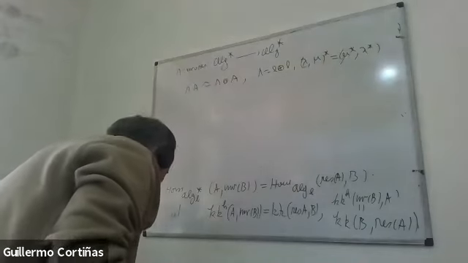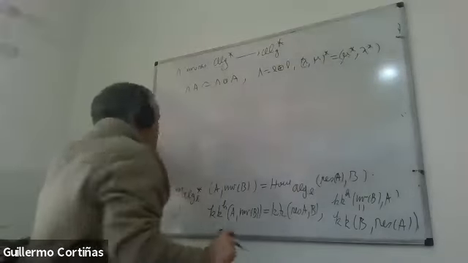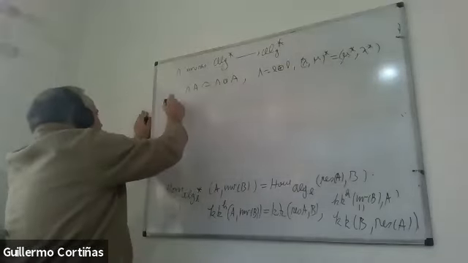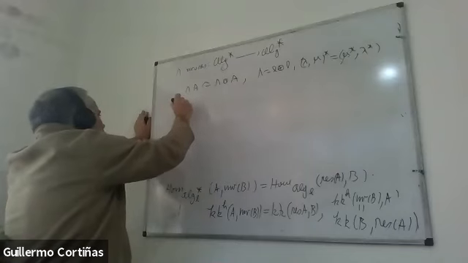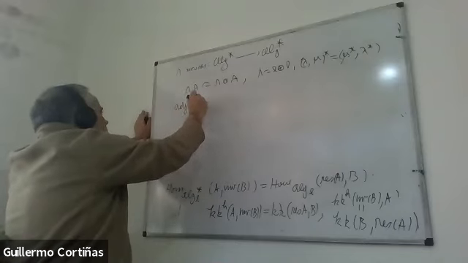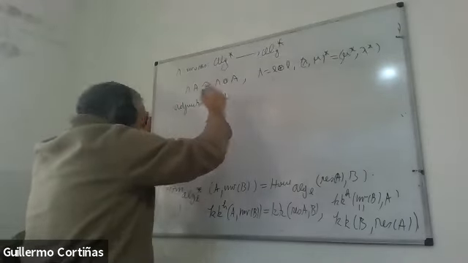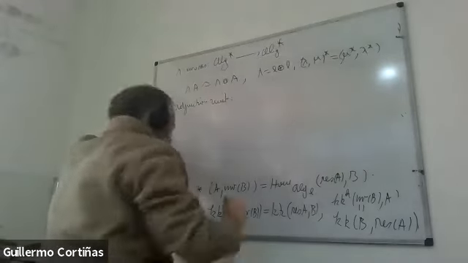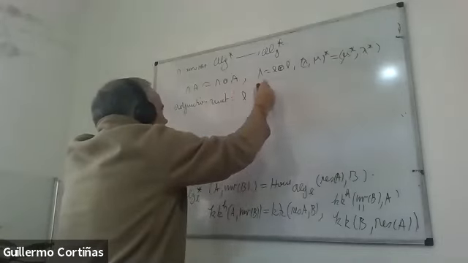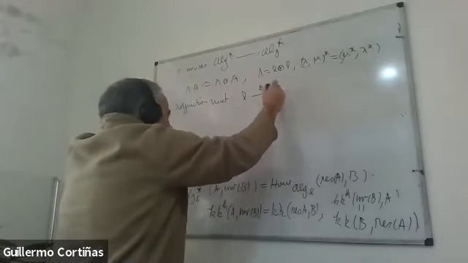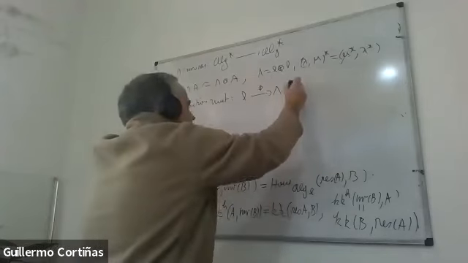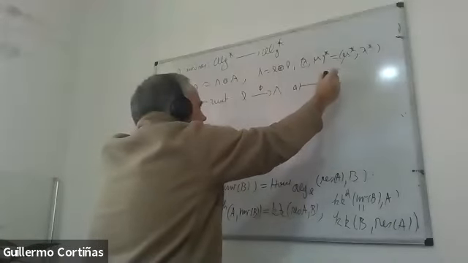Okay. So the adjunction unit is the map going from L to lambda that maps a to (a, a).